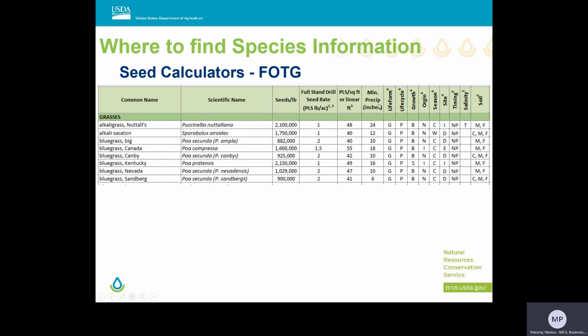That includes the minimum precip range, the life form, the life cycle, growth form, origin, salinity tolerance, soil that it's adapted to, preferred seeding depth, and more. So this is really just meant to be a quick reference as you're designing your seed mix and looking for compatibility of species. But if you want more thorough information, continue to go to the plant guides and tech notes.